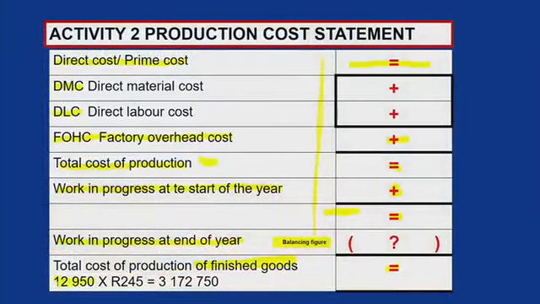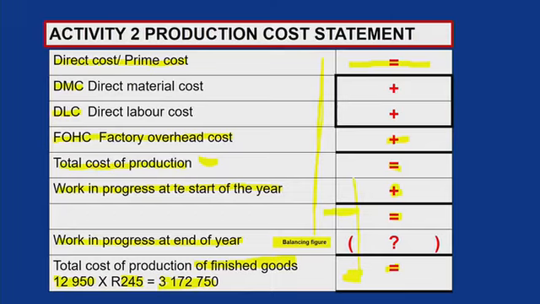12,950 blankets produced at 245 Rand each would give me a total of 317,250. Once you've got your total in, you work back up to get the missing amount. The arrows I'll do them again. The arrows just indicate that.